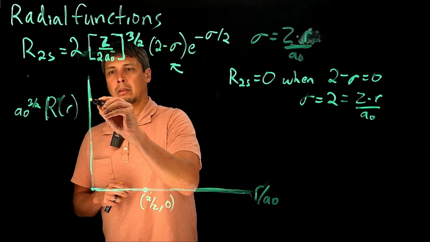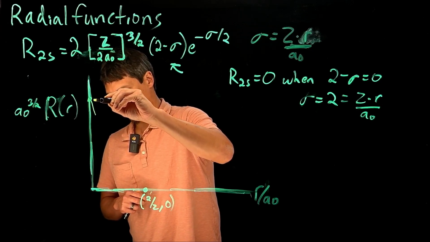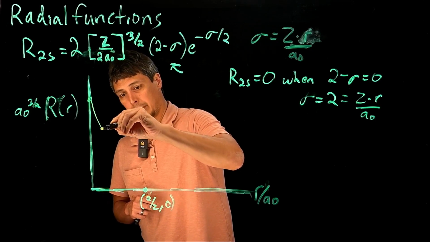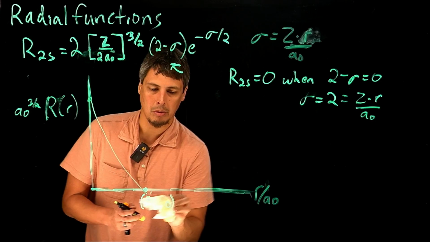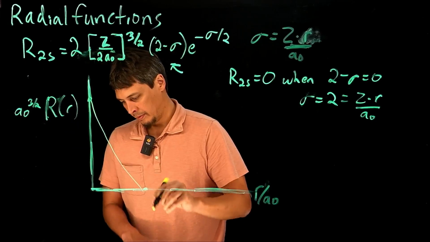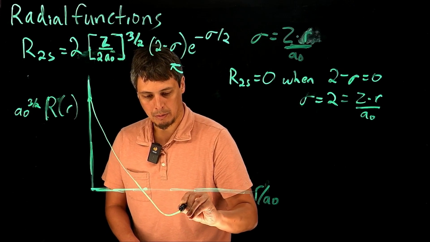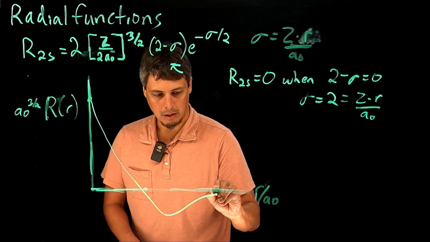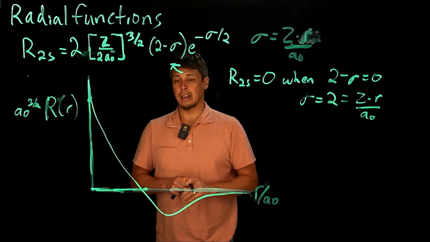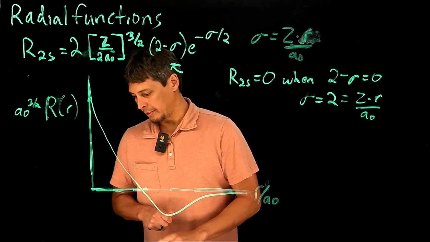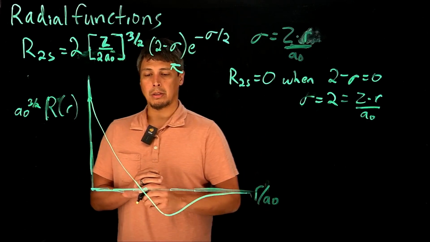So again, we have an amplitude here, and the radial wave function will go through this crossing point, find a global minimum, and then return and approach the x-axis as it approaches infinity. And so this is what the wave function looks like.